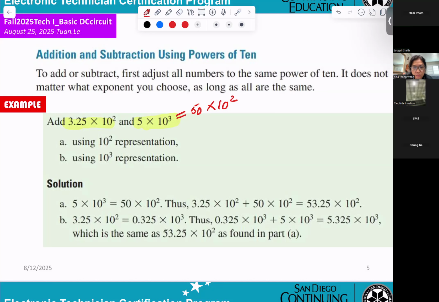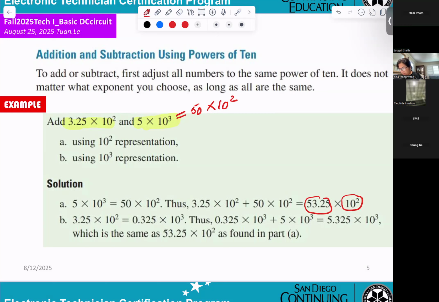Okay, then basically you get, let's see, 3.25 adding 50. Okay, you get 53.25 and the power of 2. Okay, we don't need to do anything, adding or otherwise, with the power.